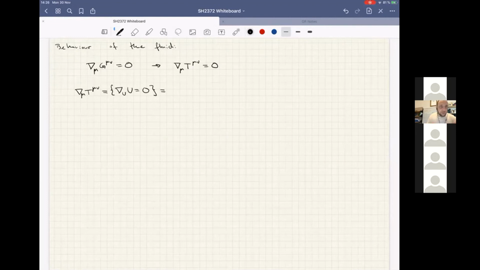It's rather easy to show that. I will not go through it in detail. Then this entire divergence, we're going to be able to write this as u^μ u^ν ∂_μ(p + ρ) plus (p + ρ) u^ν ∇_μ u^μ.